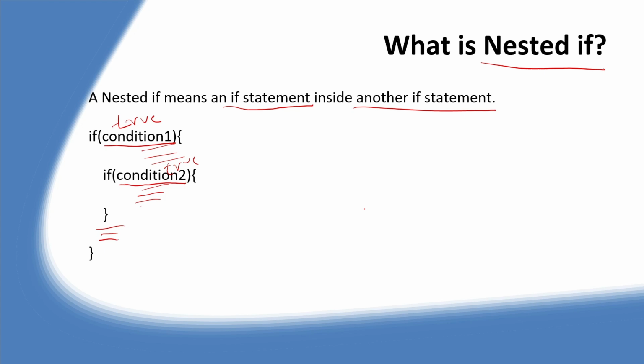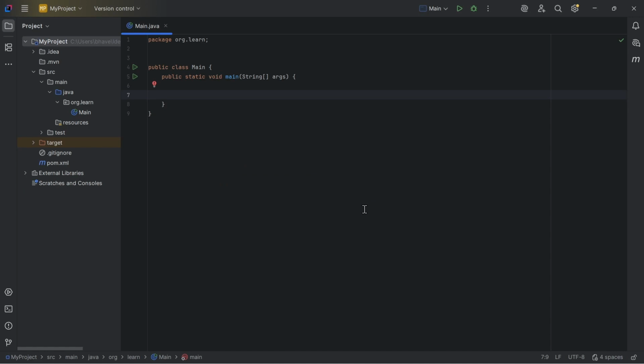So let's open IntelliJ and see the example. So we are looking at the nested if statement. Let's say int age equals 20 and boolean hasLicense equals true.